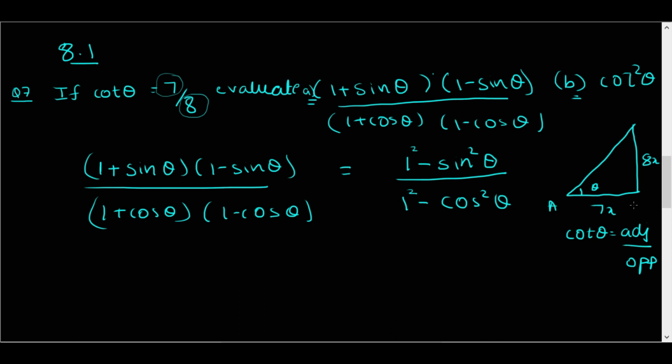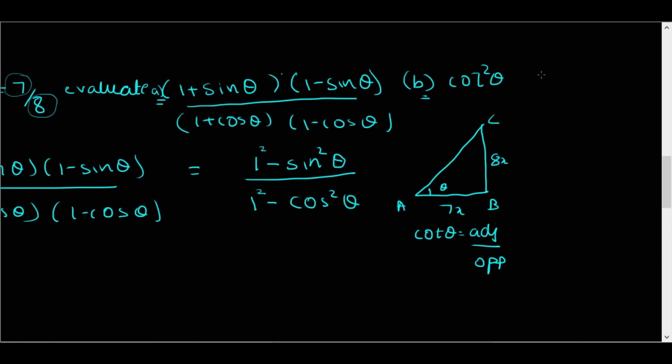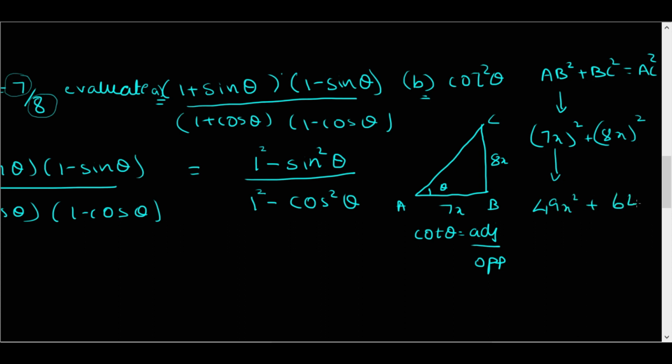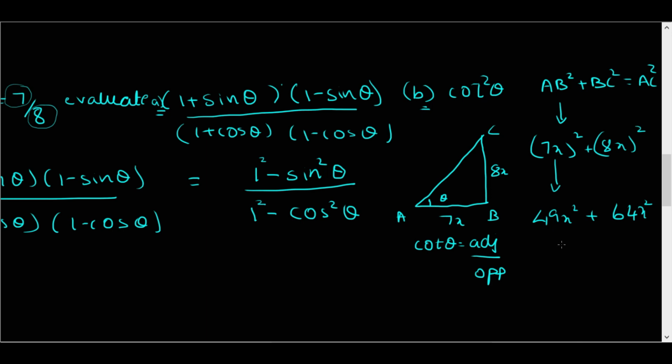Now again I have to find this using Pythagoras theorem. So I have AB square plus BC square equal to AC square. AB is 7x. So (7x) the whole square plus (8x) the whole square is equal to AC square. 49x square plus 64x square, which is 113.